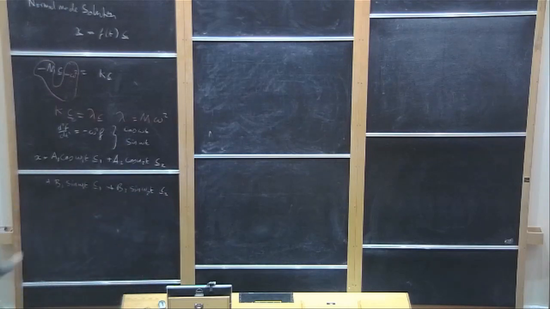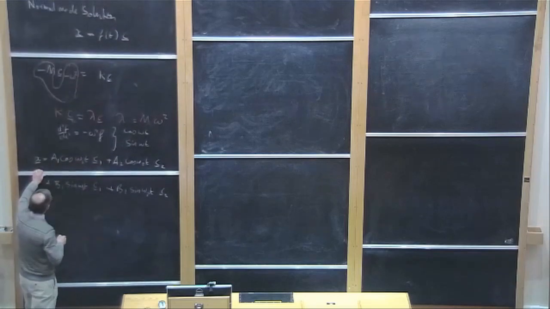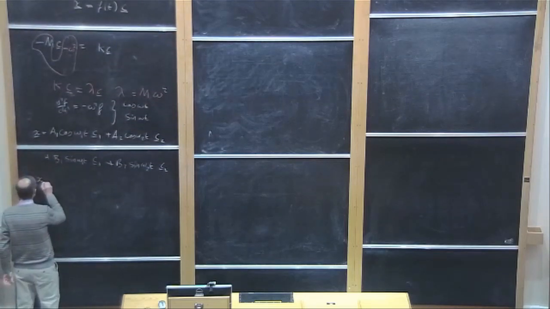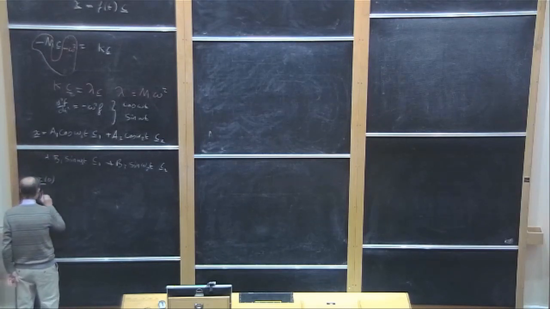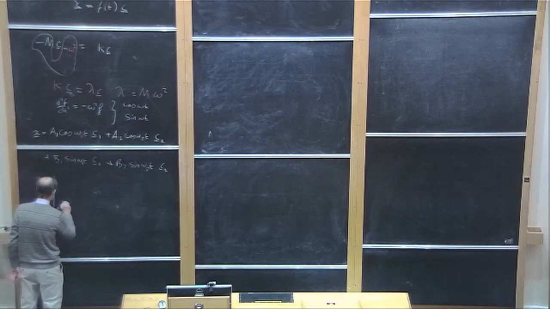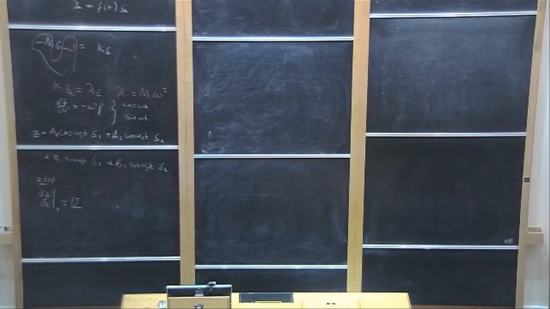And then the only problem is fitting some initial conditions. And so suppose that x of 0 is given and dx by dt at 0 is v, some velocity vector.